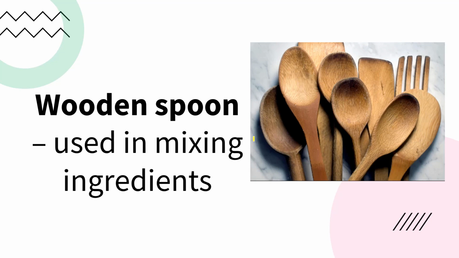Mas safe to gamitin, lalo't may Teflon coating ang ating lutuan. So, ito ang wooden spoon. Yung Teflon coating, yun yung para hindi dumikit yung niluluto natin sa special coating siya sa lutuan. Usually, mga kulay black yun. Pero minsan may white din. So, yan ang wooden spoon.